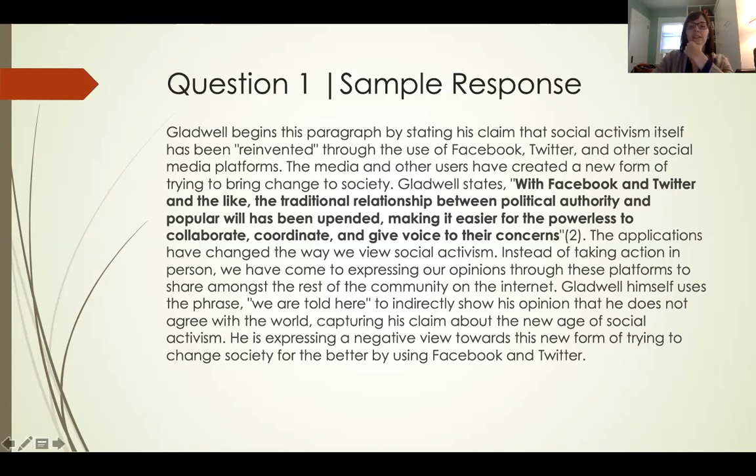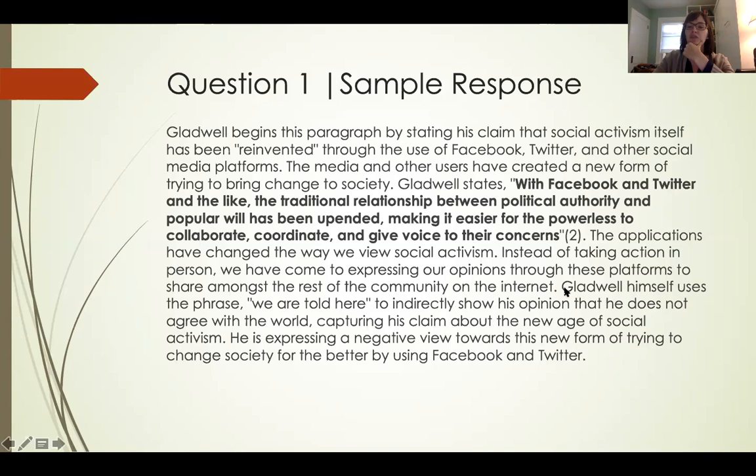So this gets a little general here. It has changed the way we view activism. Well, how so? Specifically, how has it changed? What is Gladwell saying here? Instead of taking action in person, we express our opinions through these platforms. You know, what does Gladwell say specifically about that? Maybe a little snippet of quotation to support that claim.